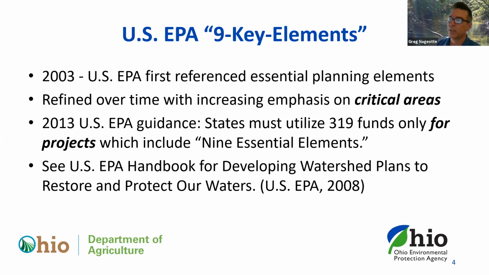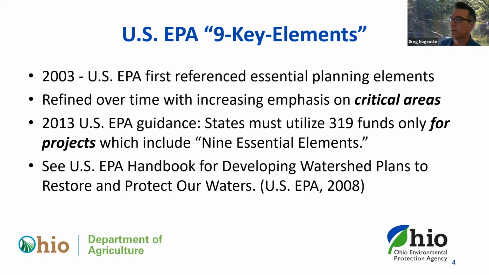And finally, in 2013, US EPA issued guidance that states must utilize 319 funds only for projects that include 9 essential elements. So that really pushed the 9 essential elements down to the project level versus the full plan level. And that may become more clearer in a minute.